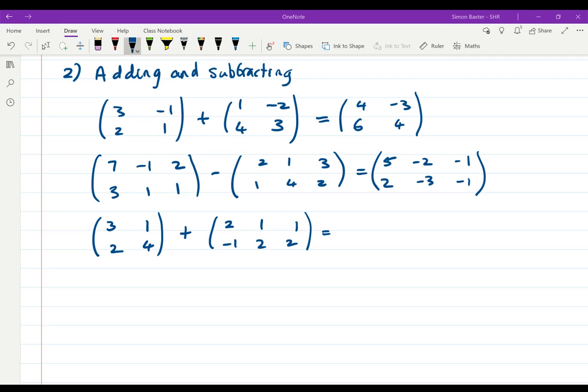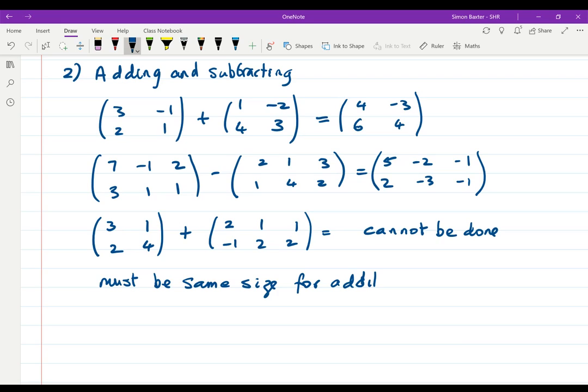So this one cannot be done. They must be the same size, same number of rows and columns for addition and subtraction. Can't spell, and that's no surprise.